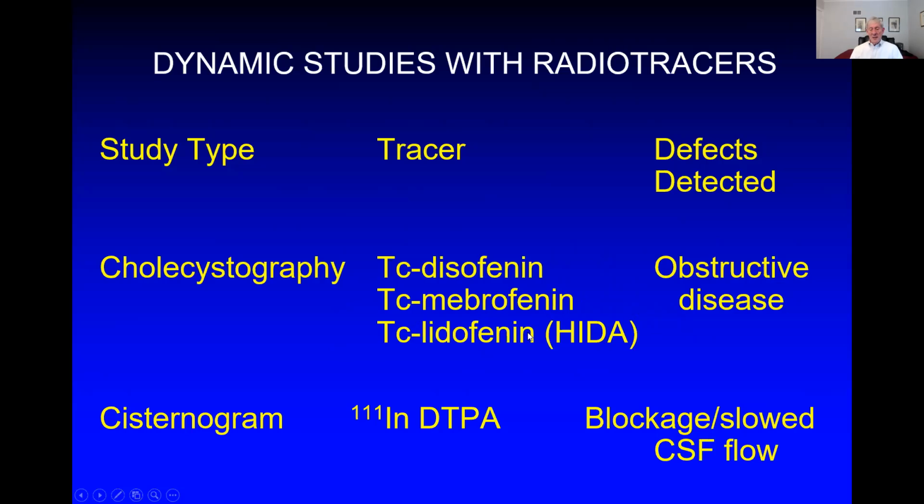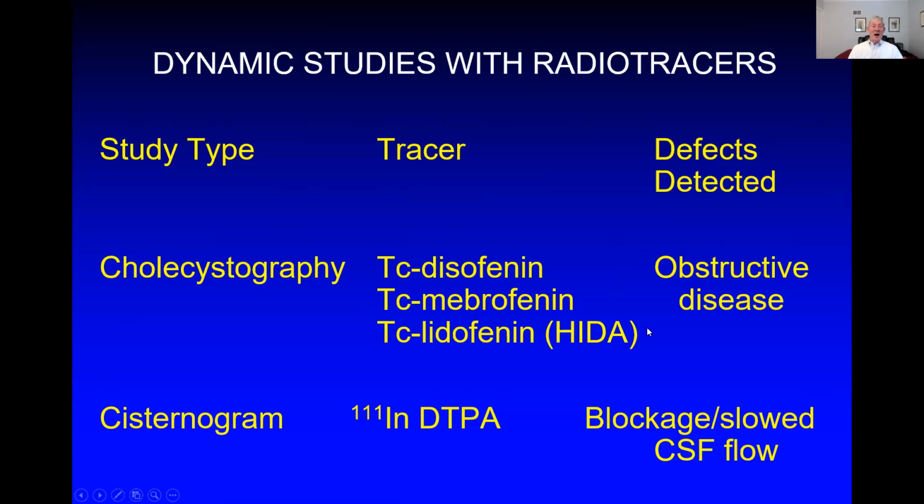And how many studies are performed in the United States this year with Hida? Anybody know? Here's a big hint. 0. Hida has been off the market for at least 25 years.